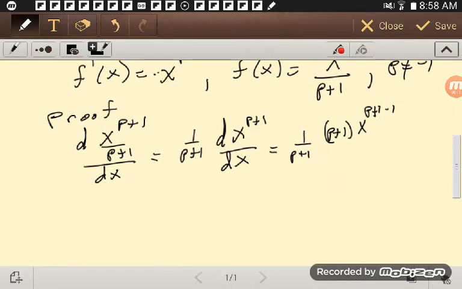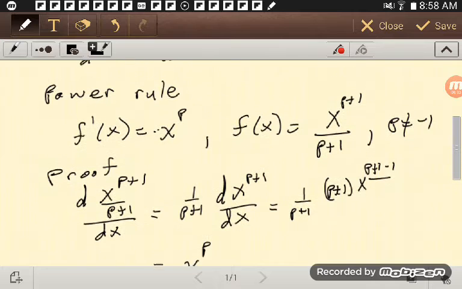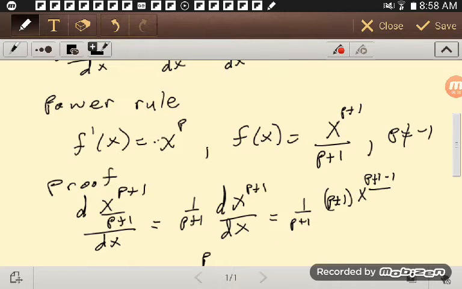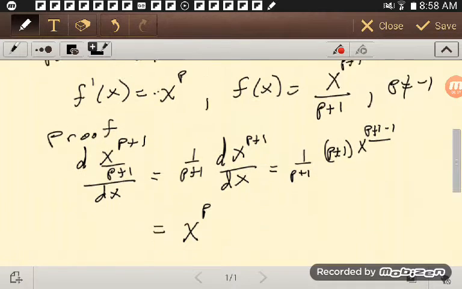And so then that is equal to, well, p plus 1 over p plus 1 is 1, so that goes away, and p plus 1 minus 1 is just p. And so, yep, the antiderivative of x to the p is indeed x to the p plus 1 over p plus 1.